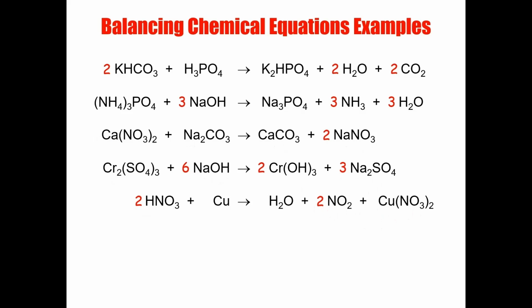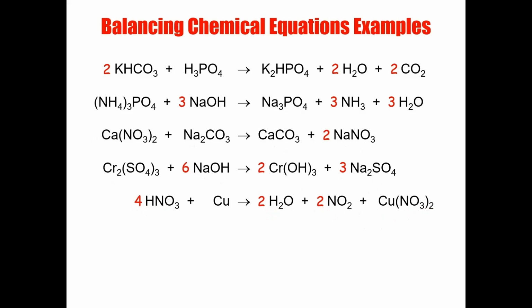And so 2 nitrogen here and 2 nitrogen in my nitrate, and I have 2 nitrogen in this compound. So what I'm going to do is I'm going to change this 2 to a 4, and now I have 4 nitrogen. By doing that, I've changed the number of hydrogen, and so I'm going to place a 2 in front of this hydrogen here, and now I have 4 hydrogen. And so let's take stock of what we've done.